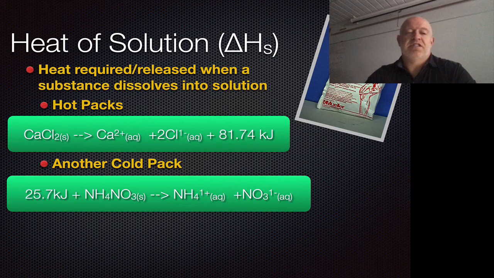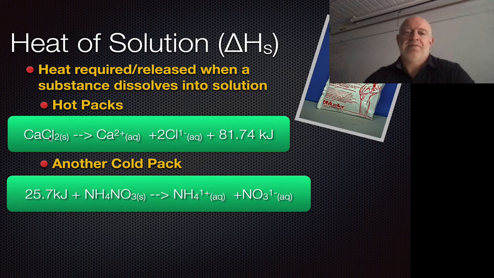Now, a couple of different examples of that. There's one way you can actually get a chemical hot pack. These are not the disposable, powdery ones that you maybe get at the gas station. These are nicer ones that you maybe would use in a medical kit, that you could crack open and it would generate heat. In those kits, they basically have water and solid calcium chloride in two different pockets.